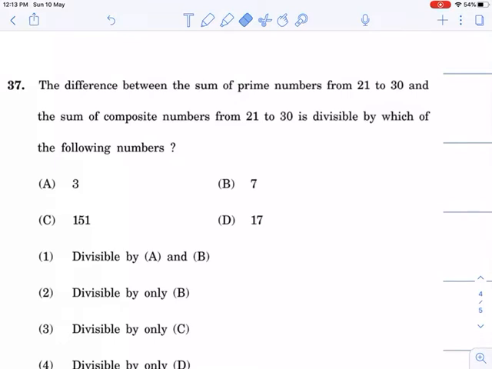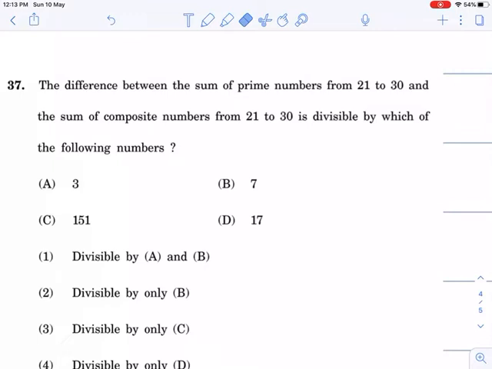This example is based on prime numbers, composite numbers and some basic operations like addition, subtraction and divisibility test.